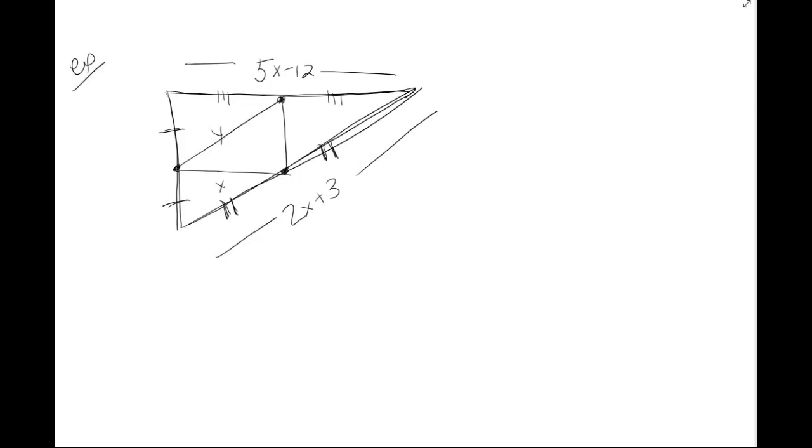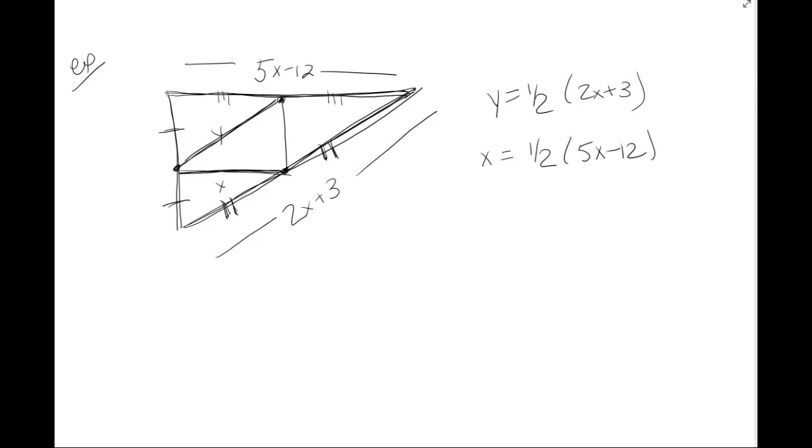All right, so they don't give us any solid starting point, but what I know is that this segment Y is going to be 1/2 its parallel side, right? Which is 1/2 2x plus 3. And I know that this x here is 1/2 its parallel side, which is 5x minus 12.